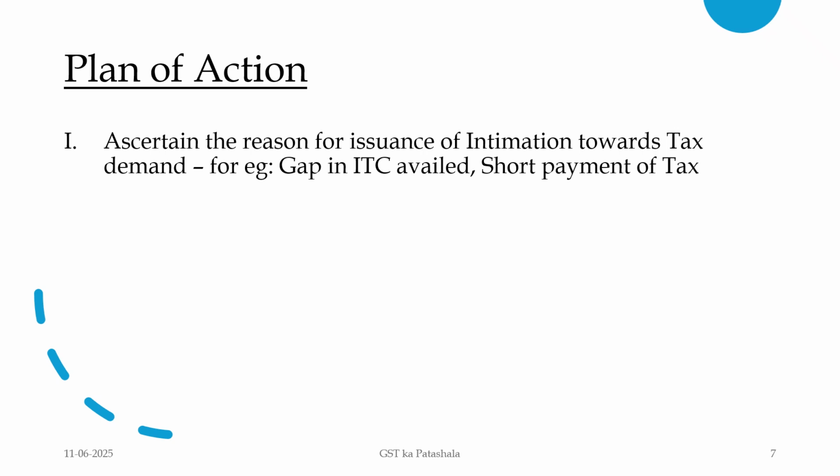Point number one, ascertain the reason for issuance of the intimation or notice issued by the proper officer, meaning what grounds were relied upon for issuing that document. For example, there was a gap in input tax credit availed, that is, input tax credit available in Form GSTR-2B vis-a-vis input tax credit availed in GSTR-3B. Where I have taken more than the credit available, we would probably have workings readily in our file.